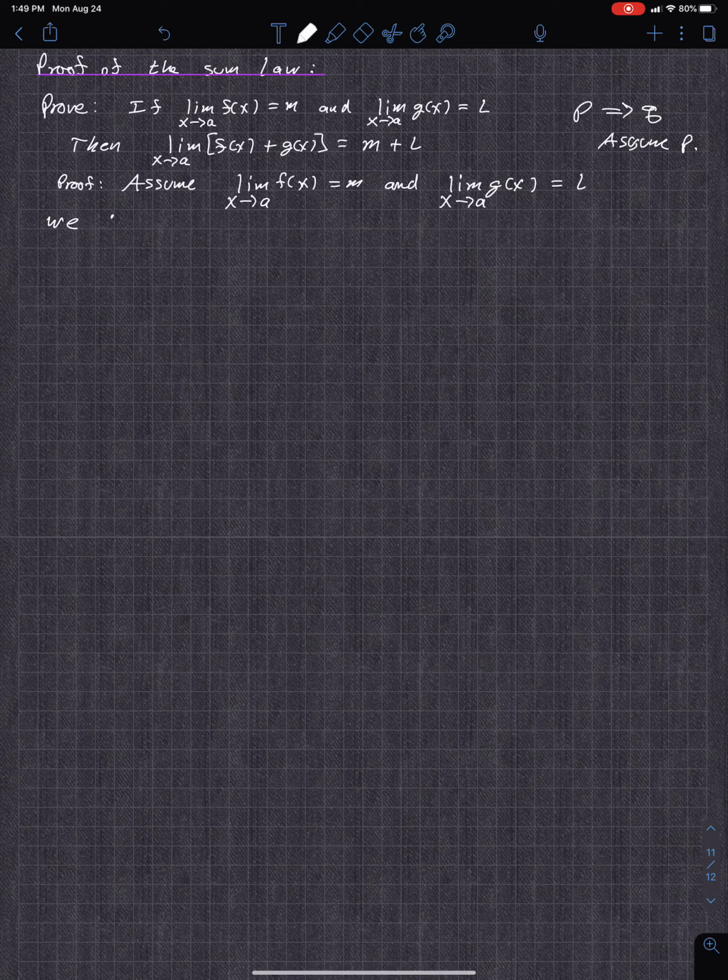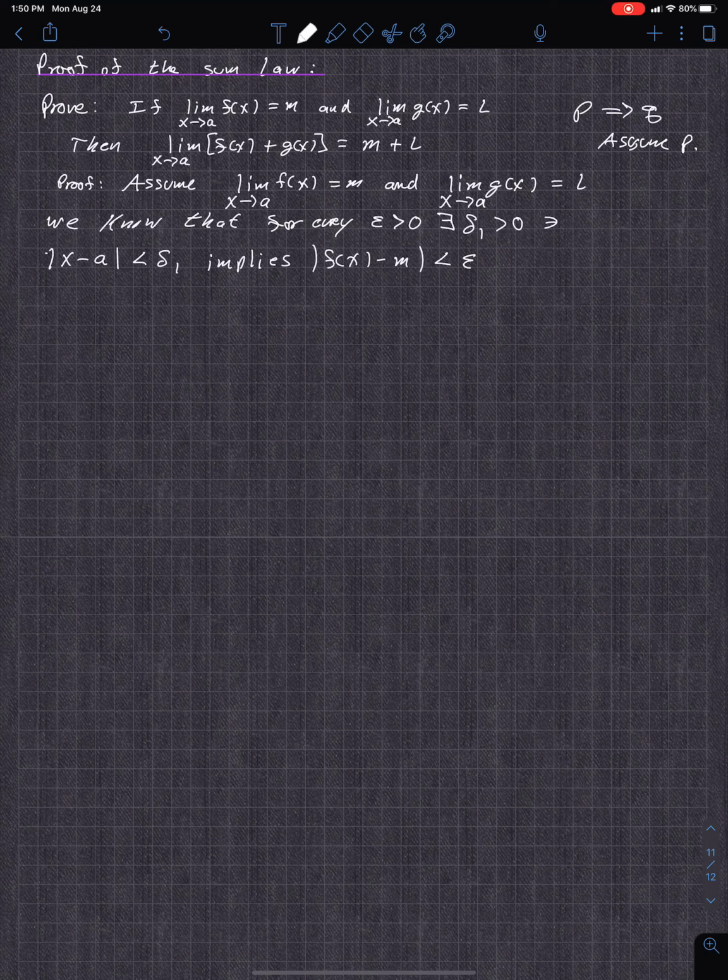So we know that for every epsilon greater than 0, there exists a delta 1 greater than 0 such that absolute value of x minus a less than delta 1 implies absolute value of f of x minus m is less than epsilon.